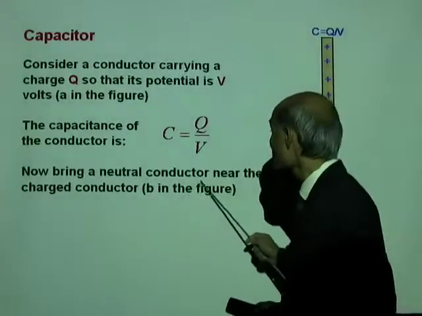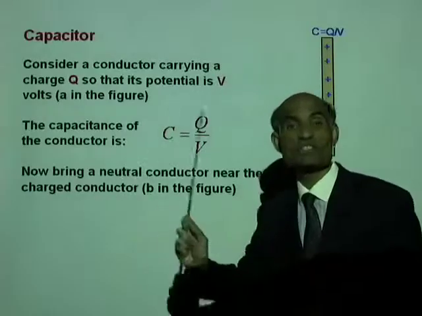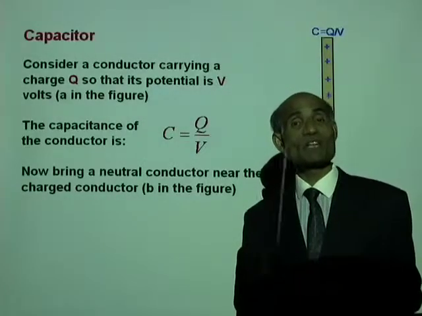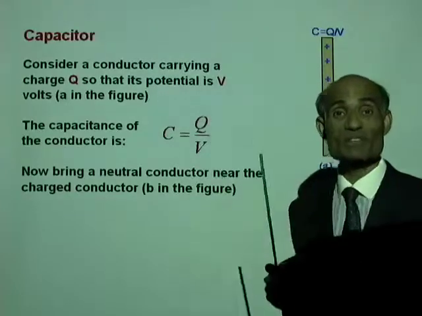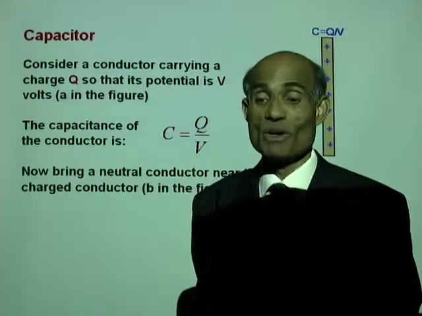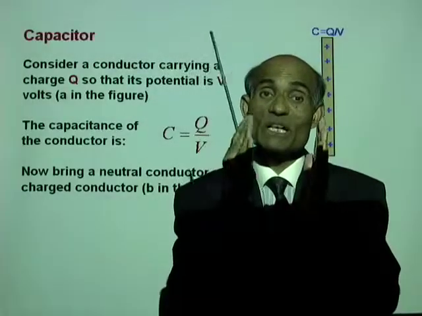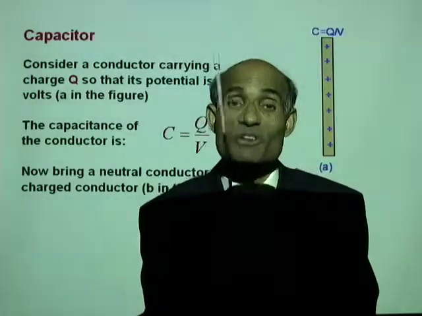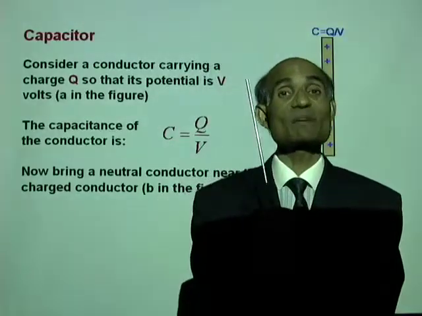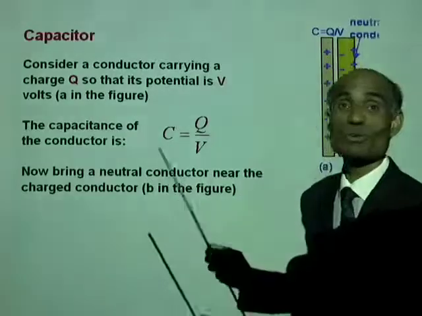Bring a neutral conductor near the charged conductor. What happens when a neutral conductor is brought near a charged conductor? We talked about this some time ago. When a neutral conductor is brought near a charged conductor, polarization of charges will take place inside the neutral conductor.